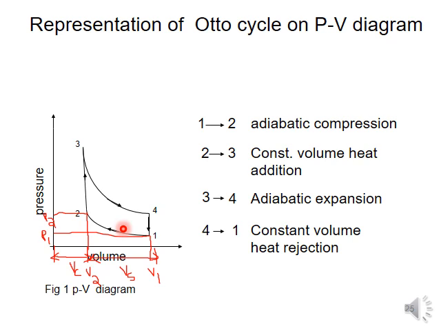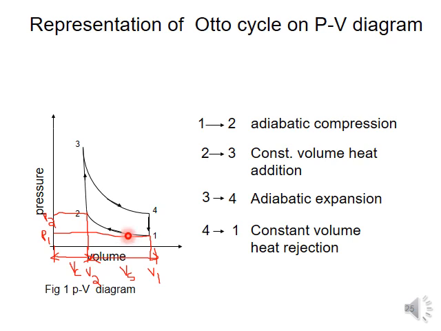Since work is done on the system, it is minus W, so we get the internal energy as positive. So internal energy increases. This is the process from 1 to 2, adiabatic compression.